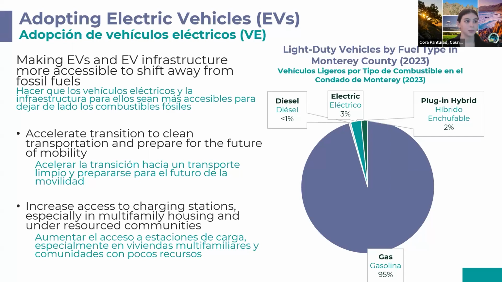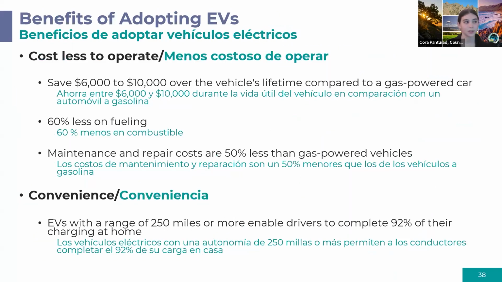We'd also want to really prioritize having those charging stations available where people are able to take a road trip, get off the highway and charge up reliably without having to worry about that concern. And again, there are quite a few benefits associated with owning an electric vehicle compared to a car with an internal combustion engine.